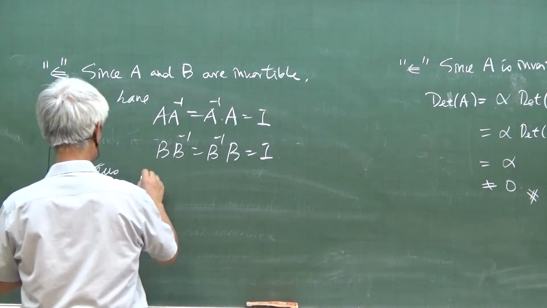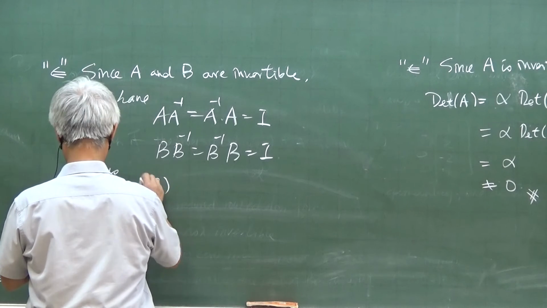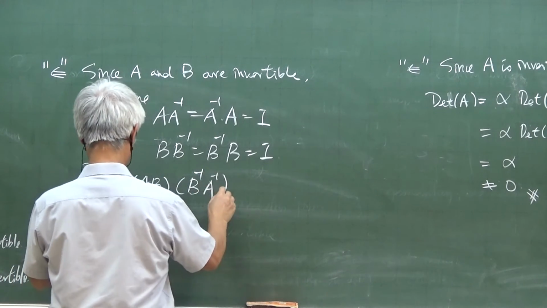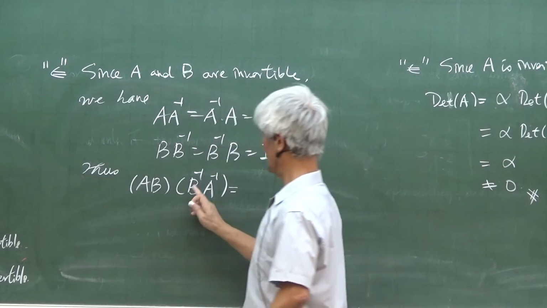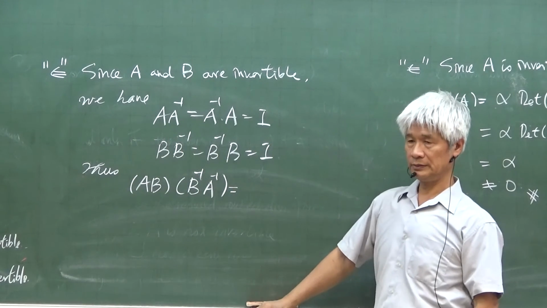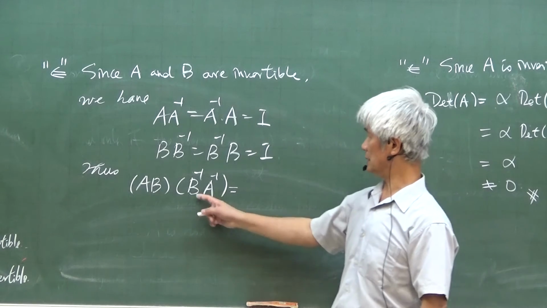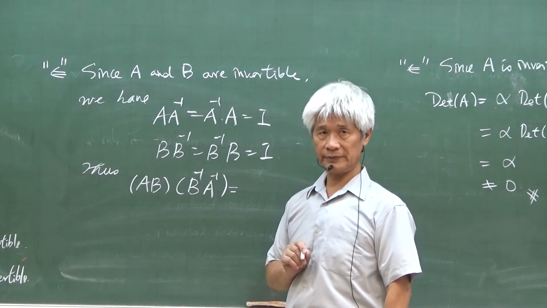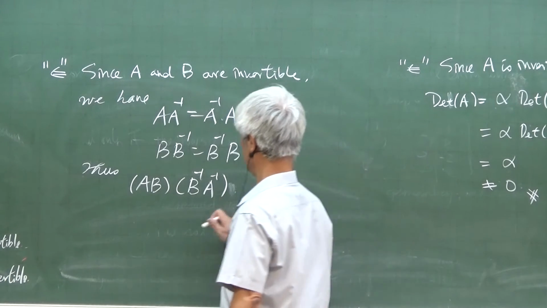Thus, we claim that B inverse A inverse, with the reverse order, is a right inverse of A times B. Why?